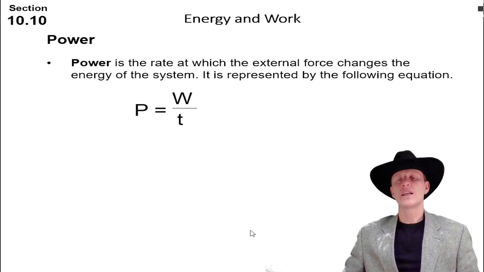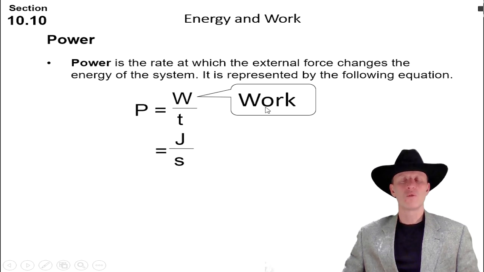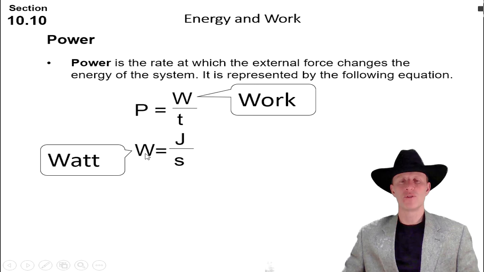Power is the rate at which work is done, and is represented by this formula, work divided by time. So work, notice the W's here. We can get confused. Work, the symbol W represents work. The unit W for power would represent watt.